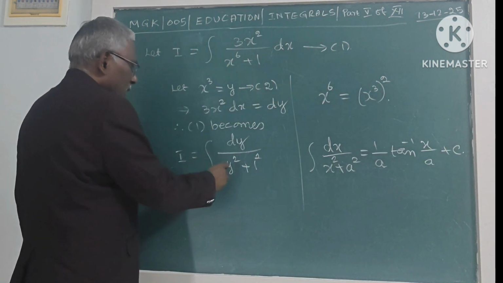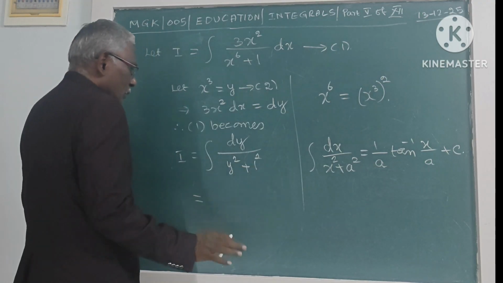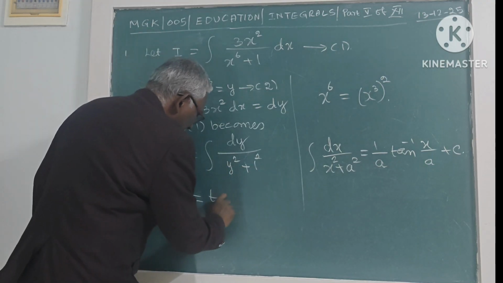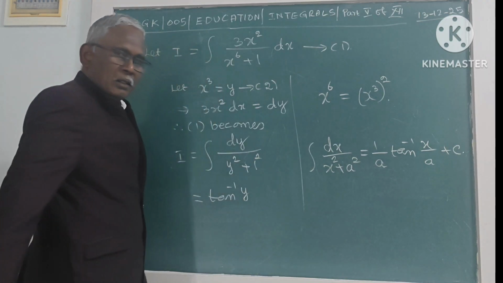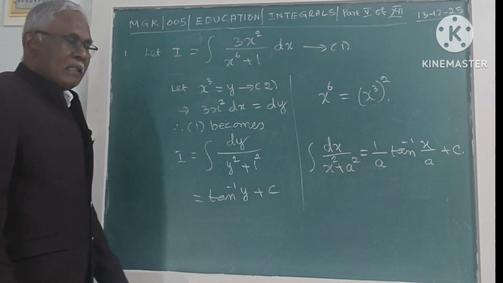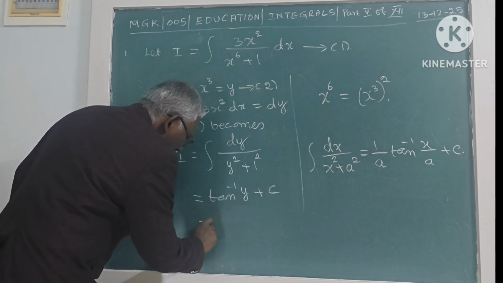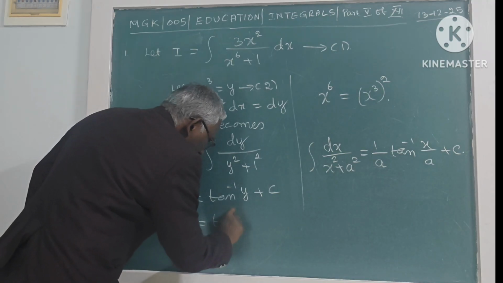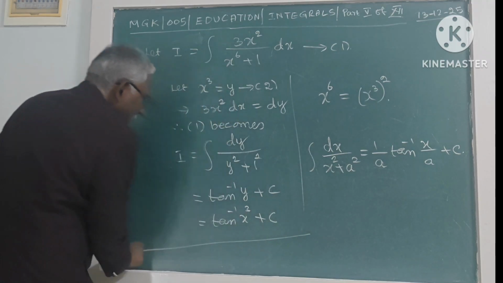So here a is 1, and 1 by 1 is 1 only. So we will get only tan inverse y by 1, y only, plus constant. But what is y? Y is nothing but x cube. So this is nothing but tan inverse x cube plus constant. So this is the answer.